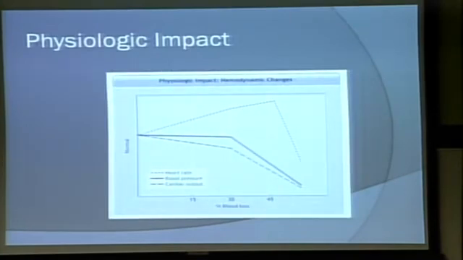Now, normal heart rate, blood pressure. Blood pressure's here, and you have to have more than 30% blood loss before you start dropping your pressure.